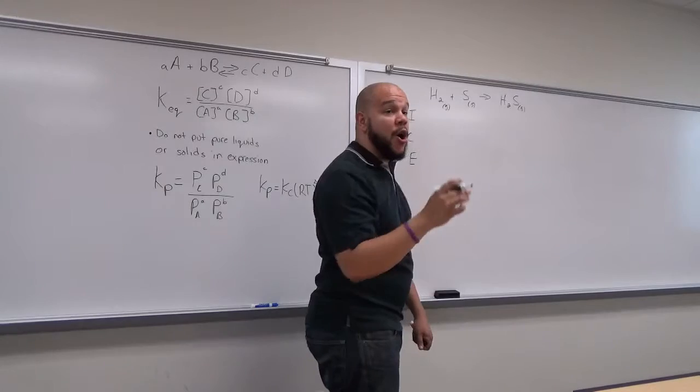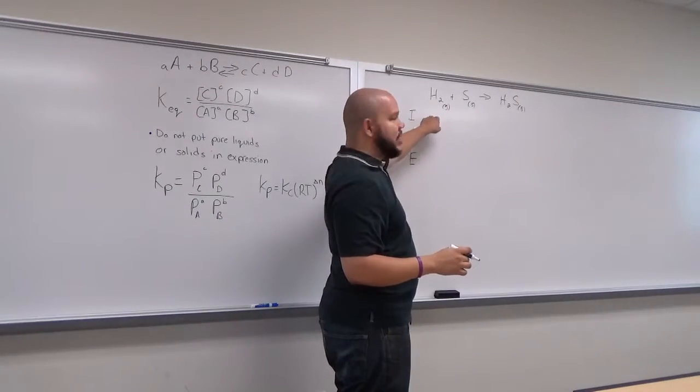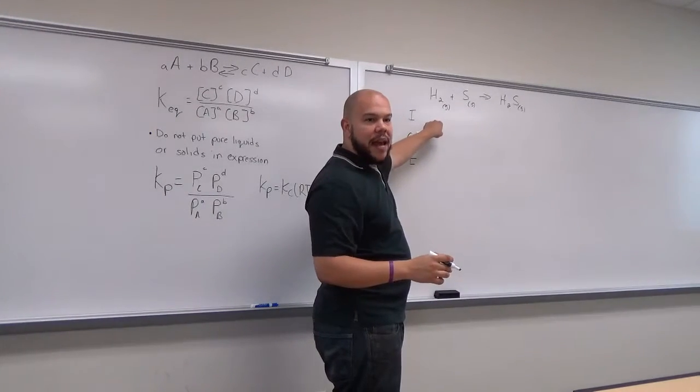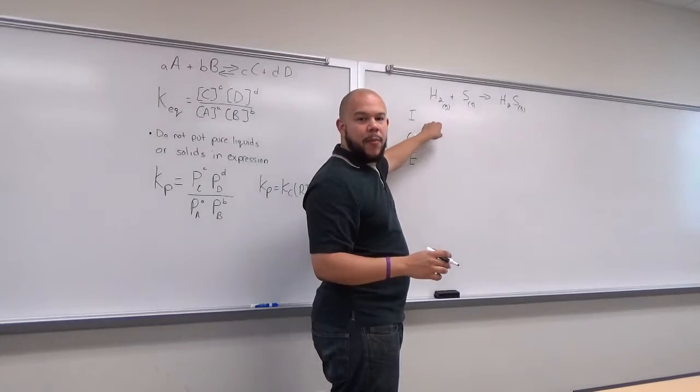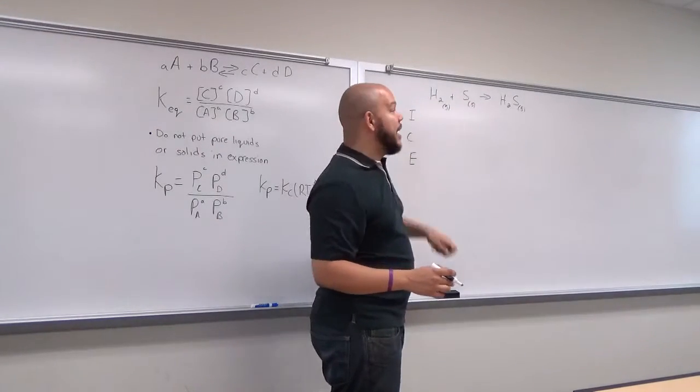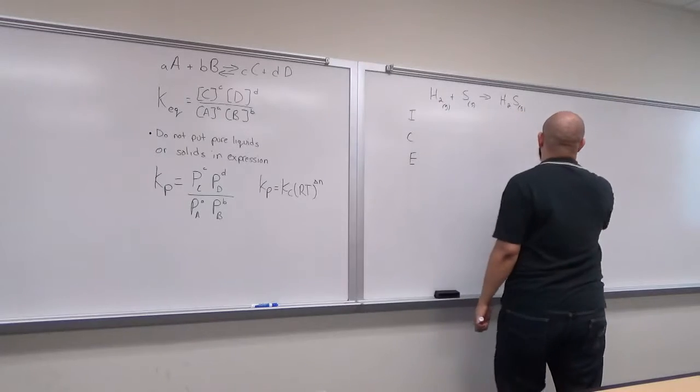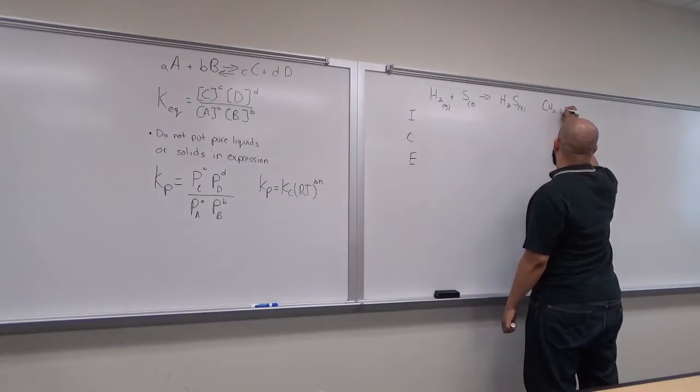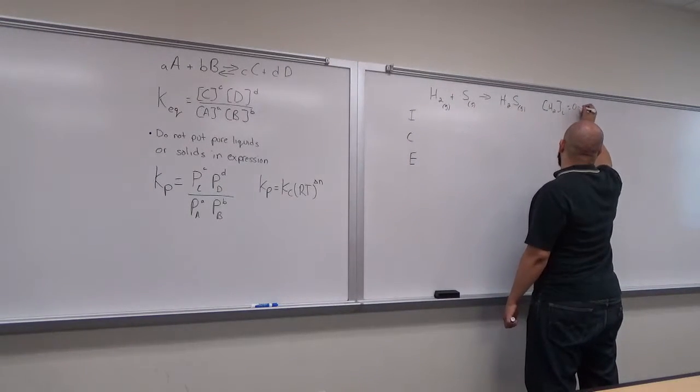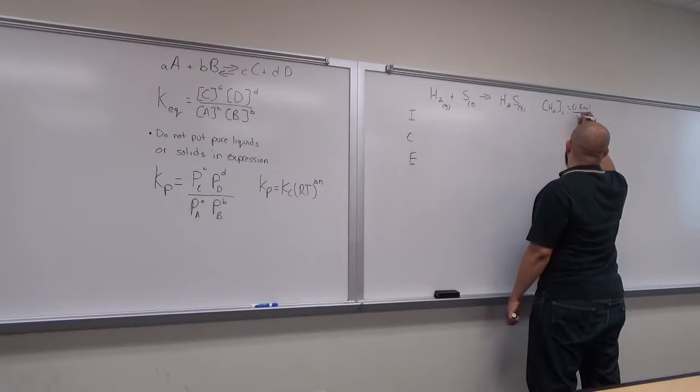Do not get in a hurry and write down 0.6 right here, because that's the mistake people are going to make. It needs to be 0.6 over 2. So H2 initial needs to be 0.6 moles over 2 liters.